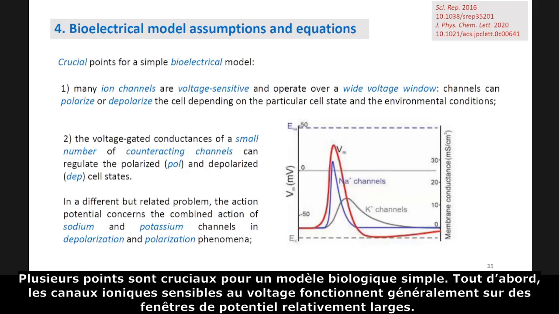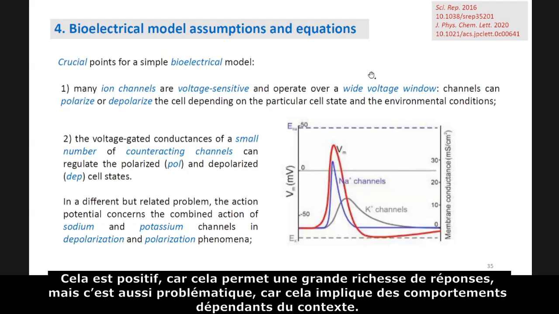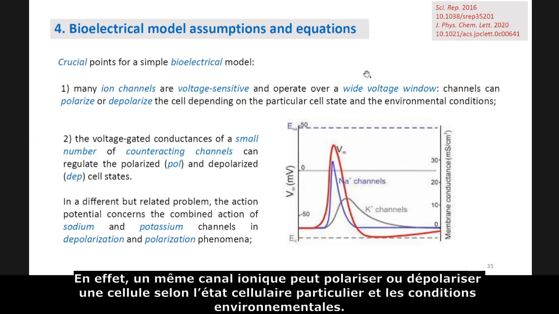First, ion channels, which are voltage sensitive, tend to operate over relatively wide voltage windows. This is good from the point of view of getting a rich pattern of responses, but is also bad in the sense that some context-sensitive scenario is to be anticipated because of the wide voltage window.